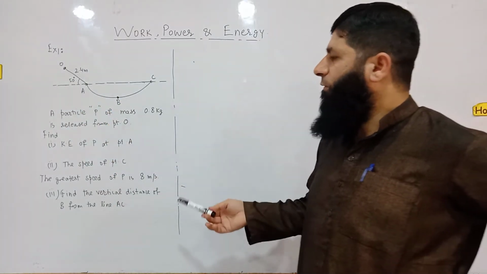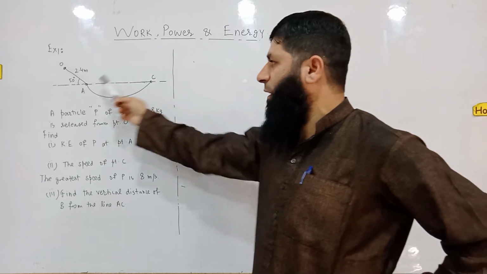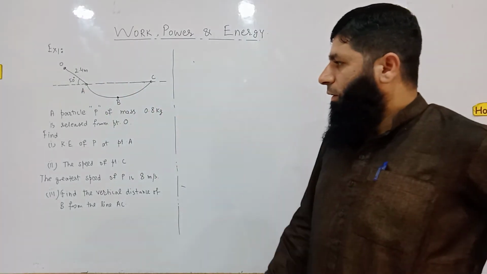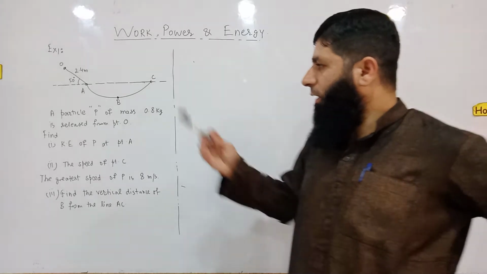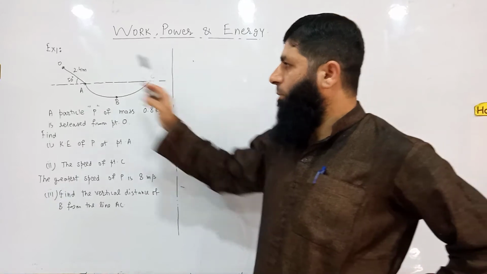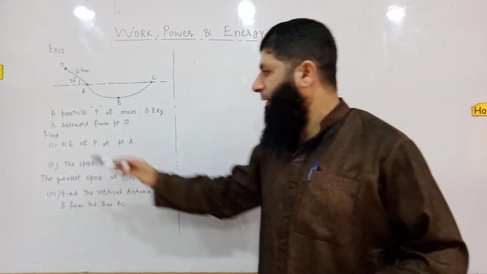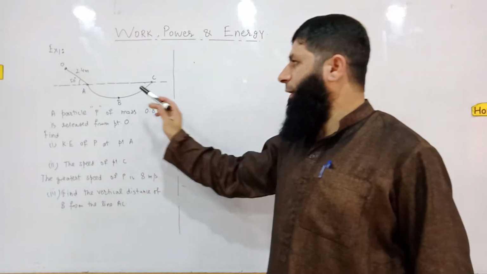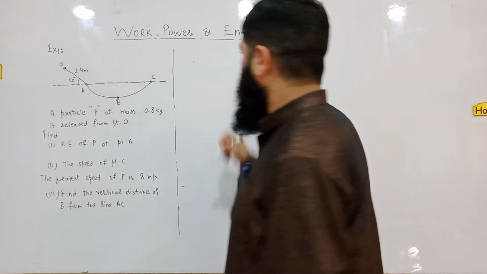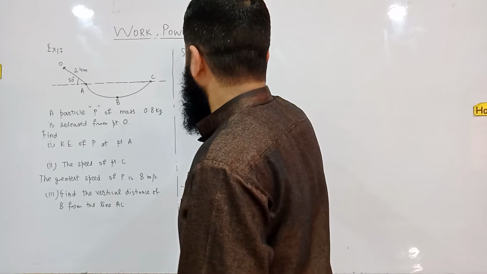We have another point C at the same level as A, because AC is a straight line, and a particle P whose mass is 0.8 kg is released from point O. We are supposed to find the kinetic energy of this particle P at point A. Okay, now let's start with the solution of part 1.